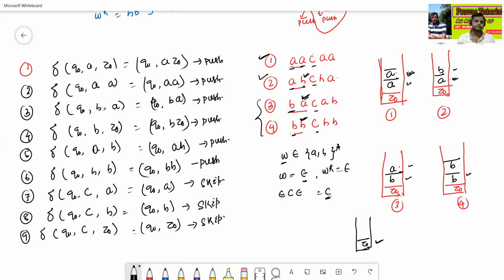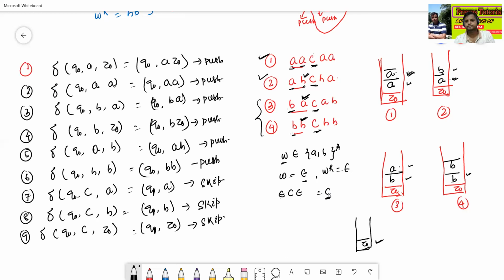See here, when we read C, we just change the state to Q1. We change one state here. So now we'll skip C.